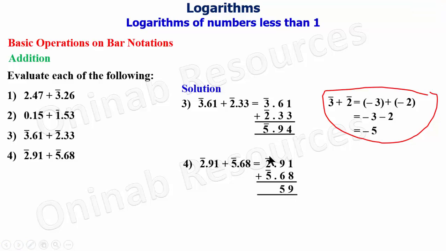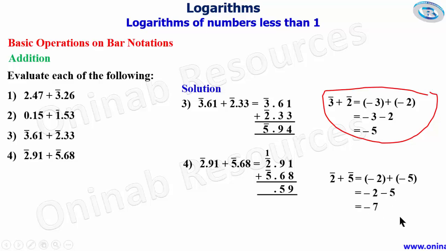We write 5 and carry 1 to this place. We have our point. We have bar 2 plus bar 5 giving us negative 2 plus negative 5, giving negative 2 minus 5. That gives minus 7, plus the 1 we are carrying over to the integer part, and that will give us plus 1, giving us negative 6, and it is written as bar 6.